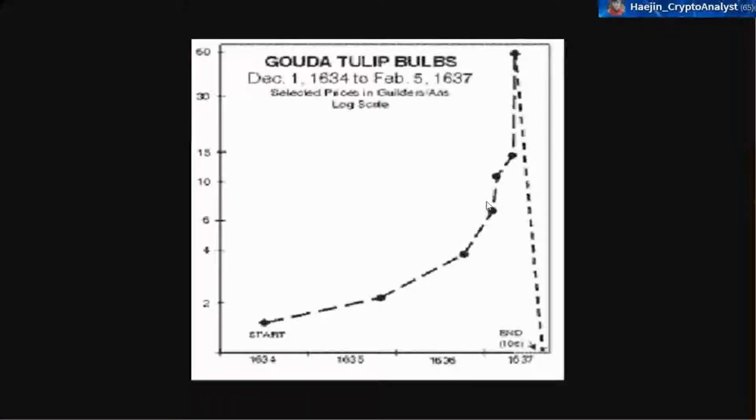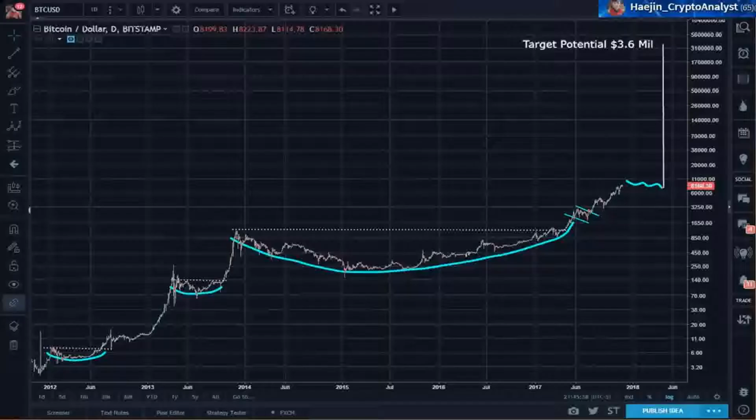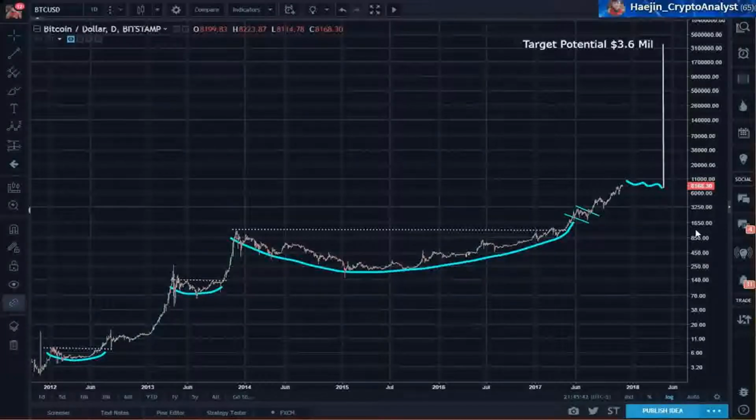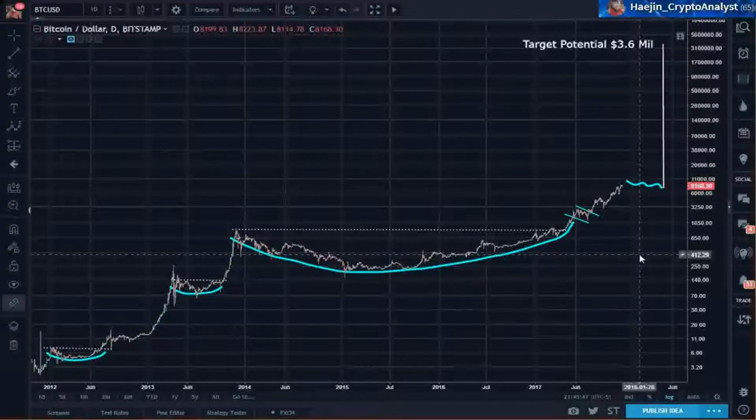So if we're here, let's say, and we go vertical, and this was a 6, it went tenfold. I think Bitcoin has some fantastic vertical journey ahead of itself.